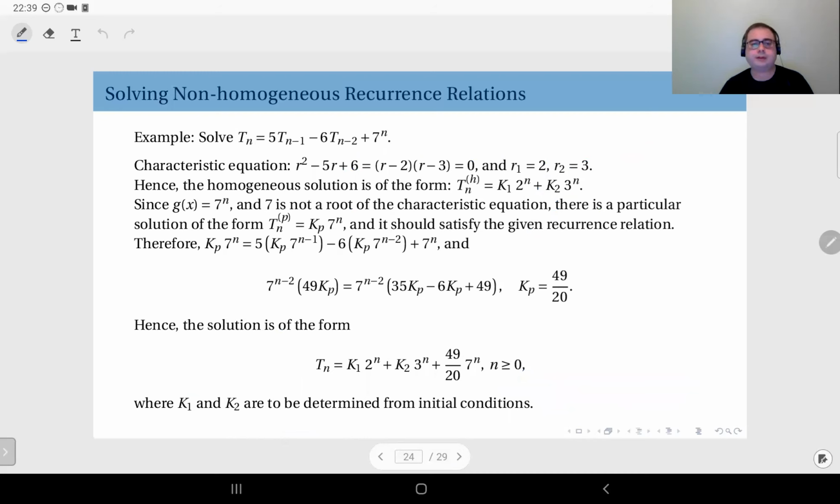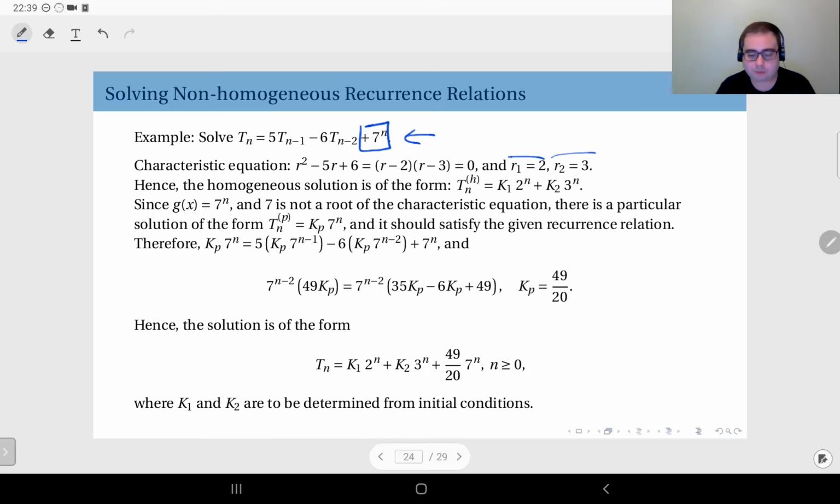For instance, let's say the recurrence relation is given here, and obviously due to this term, this is not a homogeneous recurrence relation. Write the characteristic equation and solve for the homogeneous part of the solution, and the characteristic roots turn out to be 2 and 3.